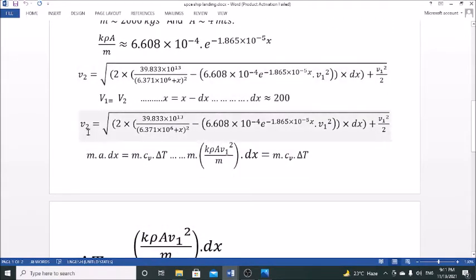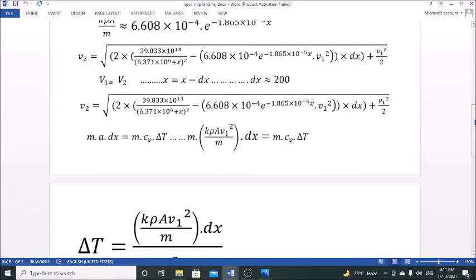We'll consider the v2 obtained to be the v1 and subtract dx once more from the previous x. So we are going to make all these steps.